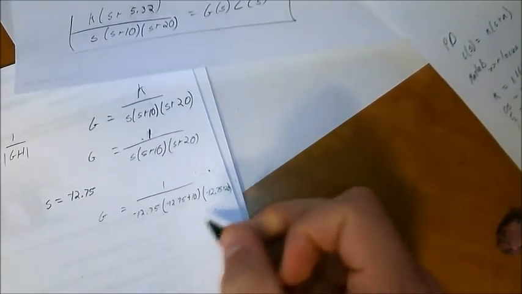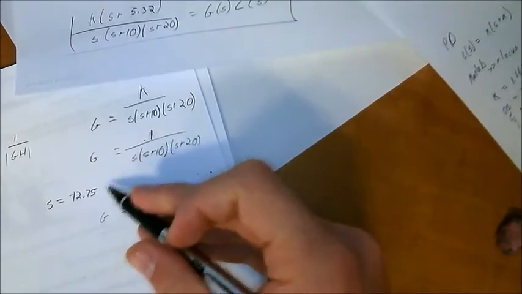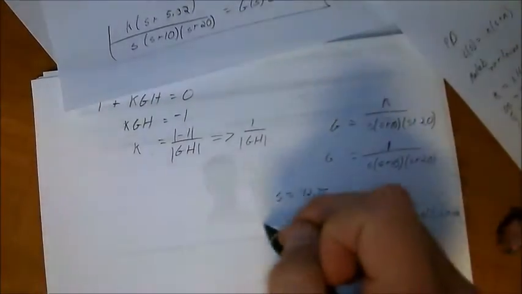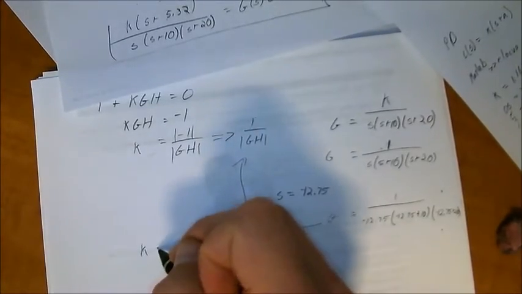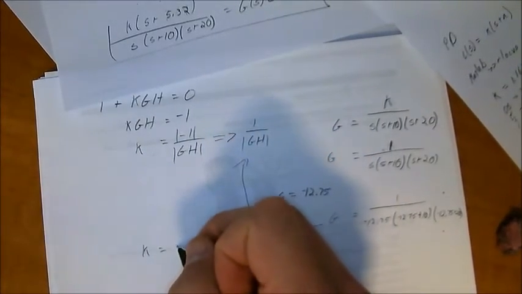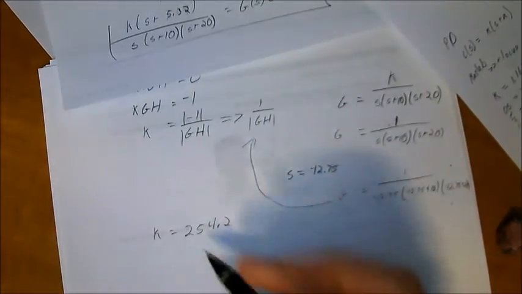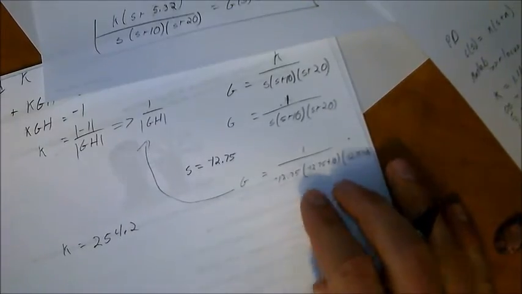Kind of scratch that in there, but you get the idea. Put s, negative 12.75, in for s. Then you solve this all out. Take that value of G, put it back up into here, and you get K is equal to 254.2. Give or take 2 or 3, depending on how accurate your calculator is and how many decimal points you took in all these divisions and everything else.